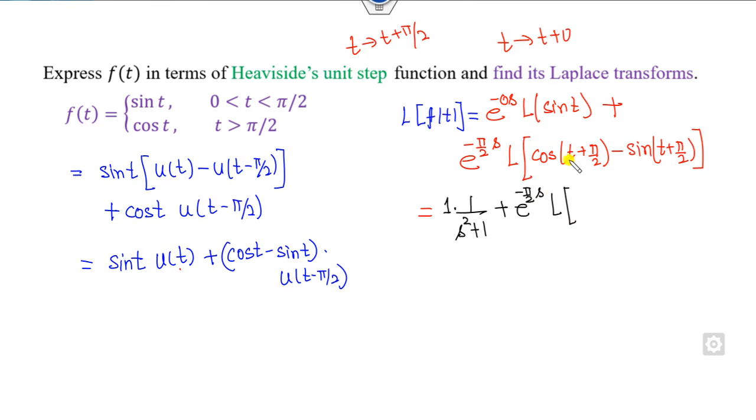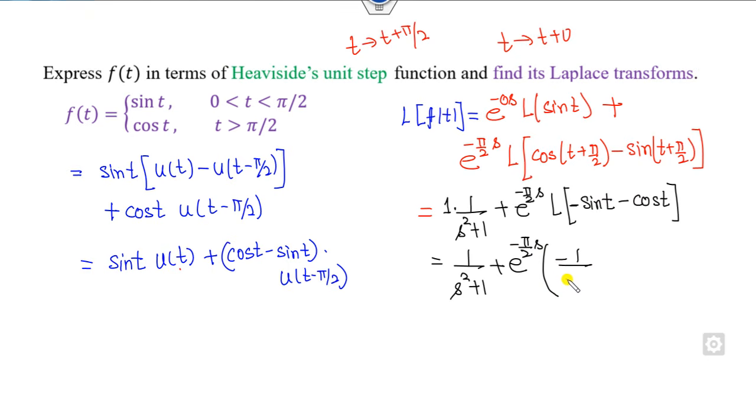What is cos of pi by 2 plus t? That lies in the second quadrant, so it's negative. This sin also lies in the second quadrant, so it's positive. Now what is that? It's 1 over s square plus 1, e raised to power minus pi over 2s. So what is the Laplace of this? Remember that cos of pi by 2 plus t lies in the second quadrant, so cos is negative and sin is positive.